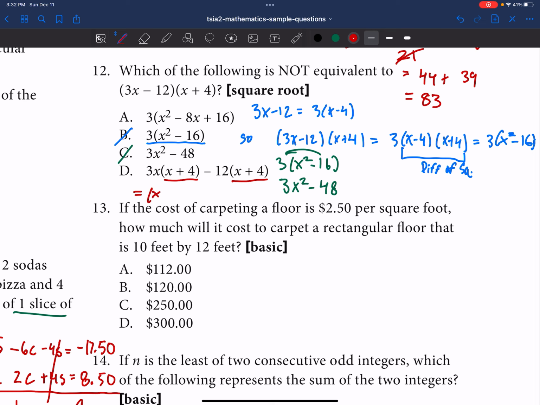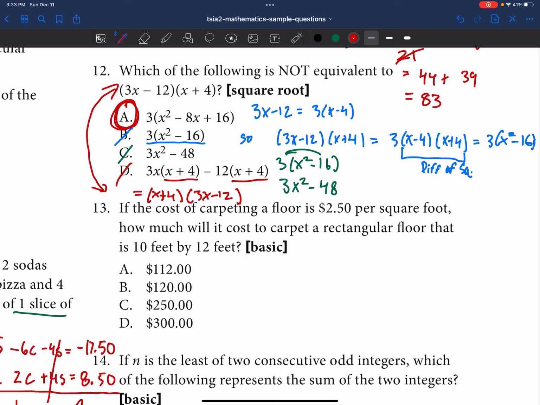So that equals x plus 4 times 3x minus 12, which happens to be what we started with, right? So answer choice D is kind of like the factor by grouping form of the original question, so it's not D. By process of elimination, it would have to be A. And so we'll circle A. Okay?